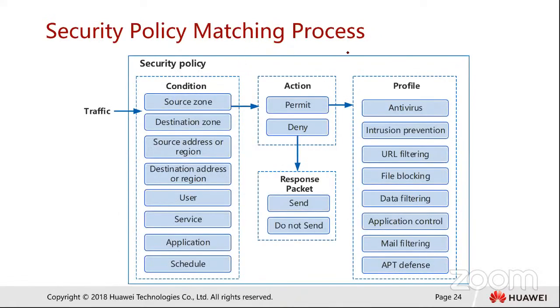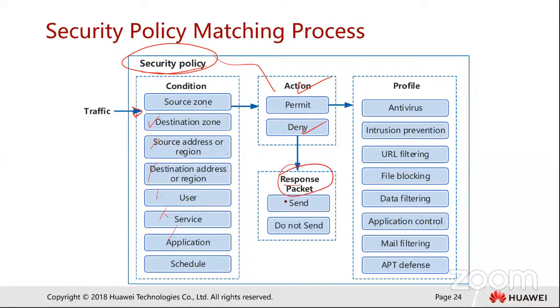So the security policy matching process looks at the source and all these details: the quintuple, the user data, service data, application, and schedule. After checking our traffic and matching it with our security policy, we look at the action. What does the security policy say? Should we allow or deny? If we deny, what response packet do we send?